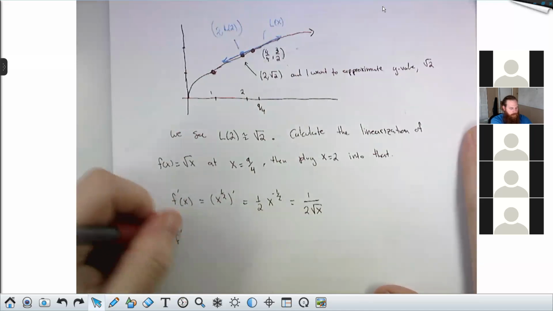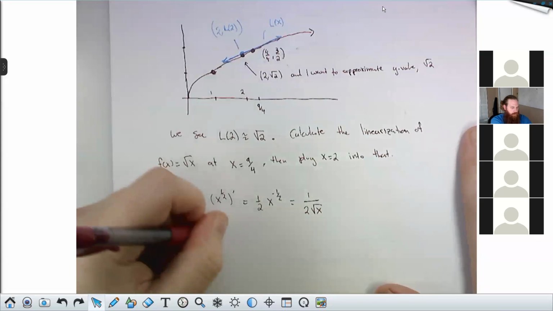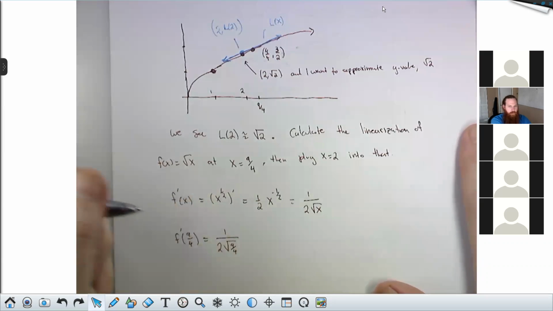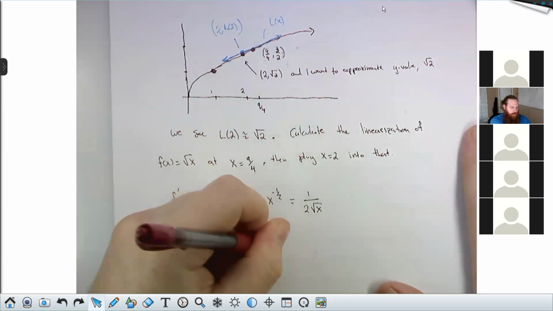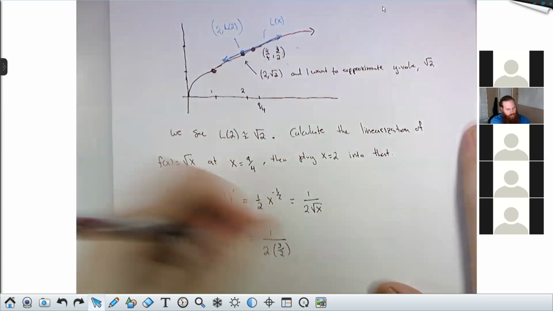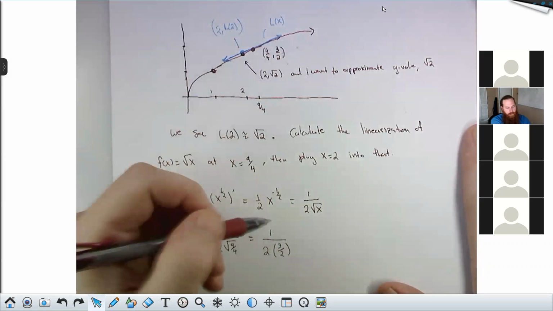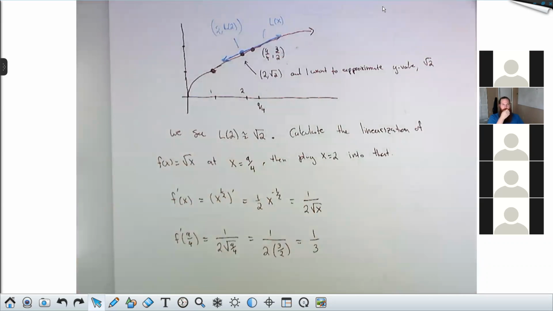So f primed of 9/4 is 1 over 2 times the square root of 9/4. The square root of 9 is 3. The square root of 4 is 2. And 2 times 3/2 down here in this denominator, those cancel, and we get just 1 over 3. So the slope of that blue line is 1/3.